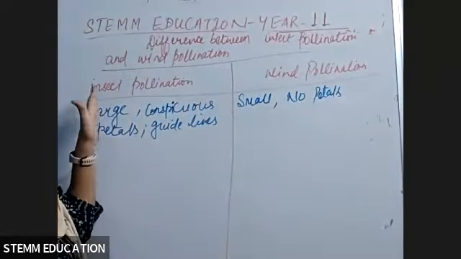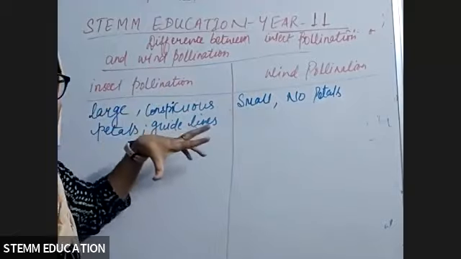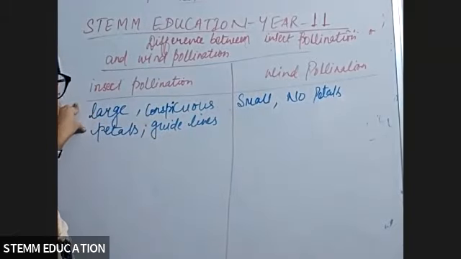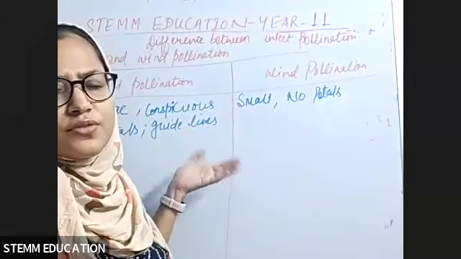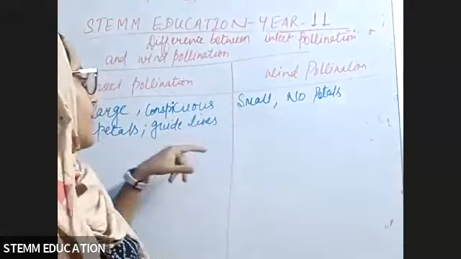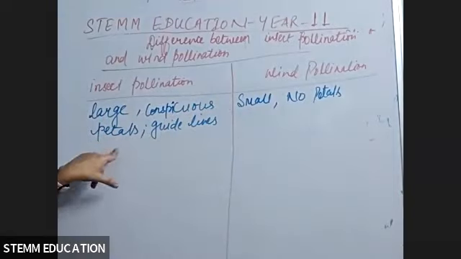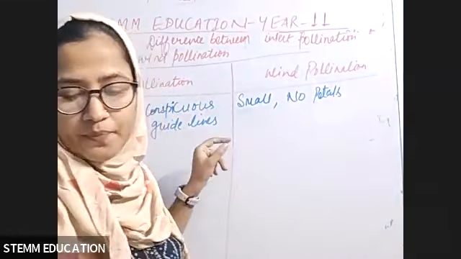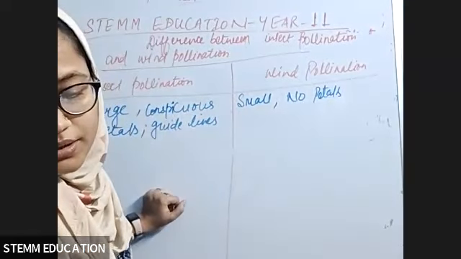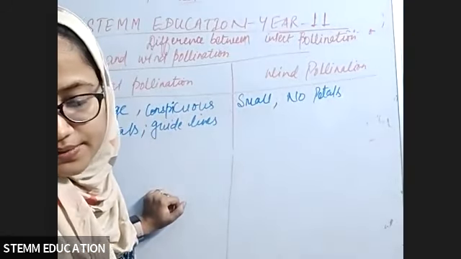But insect pollination happens with flowering plants in which large, heavier pollen grains, conspicuous petals and guidelines on the petals are present. Fine. Do you know another difference?